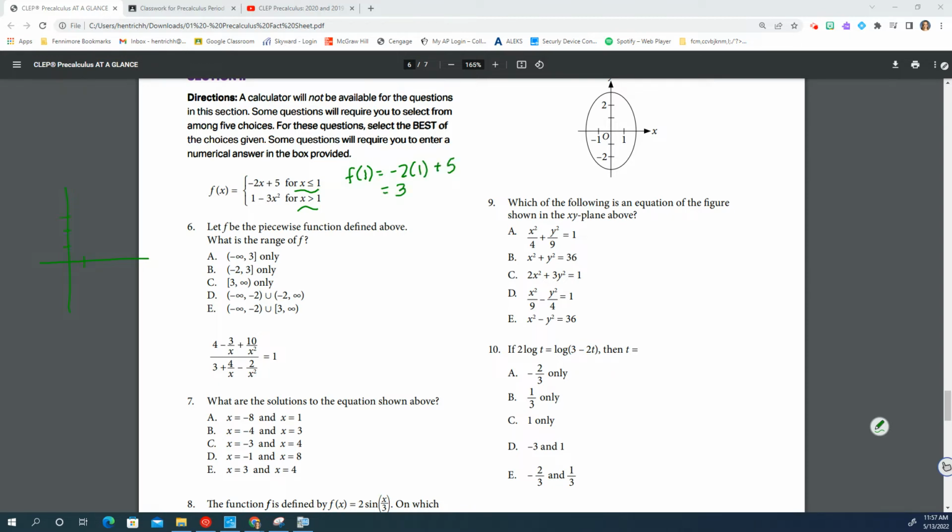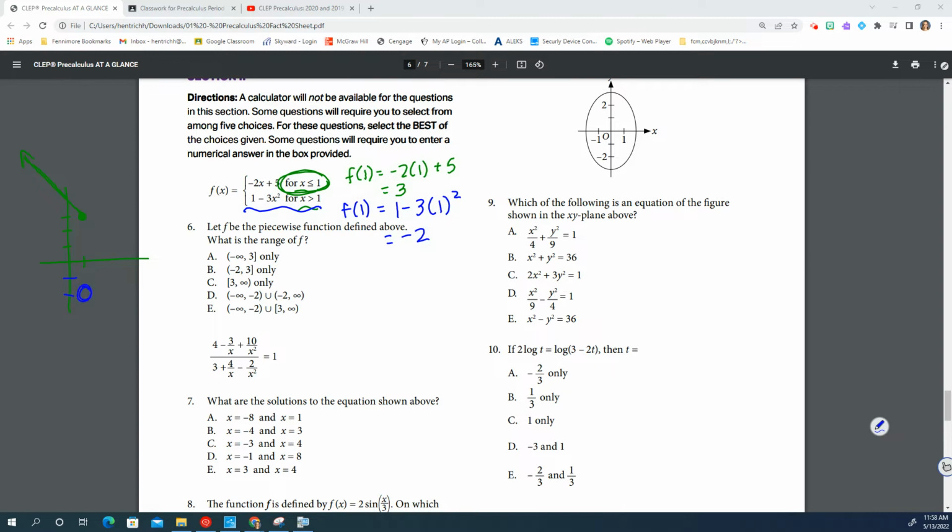And since that includes in my first piece, I'm going to do a closed circle. So then for everything less than this, everything to the left here, I have this negative sloping line. It doesn't have to be super accurate, just something like that. Slope of -2. And then let's take this piece, when x is 1, we get out -2.